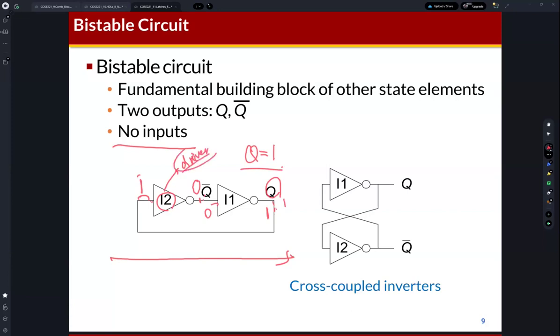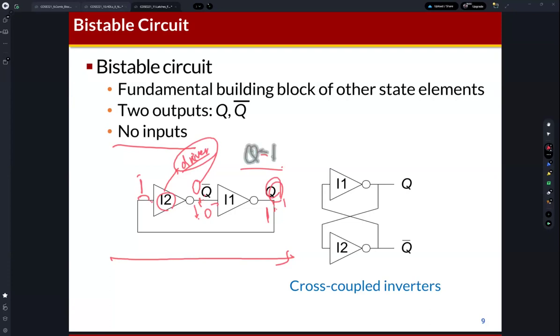These inverters are driving 0 for this Q bar, and then 1 for this Q continuously. So signal values are maintained. It means it's stored. The digital signals can be stored.